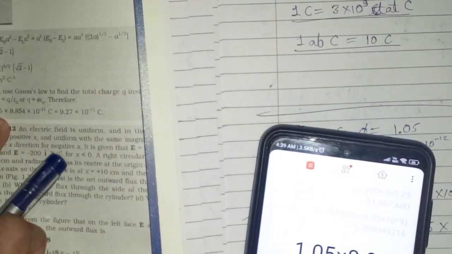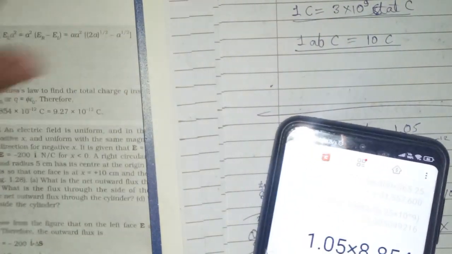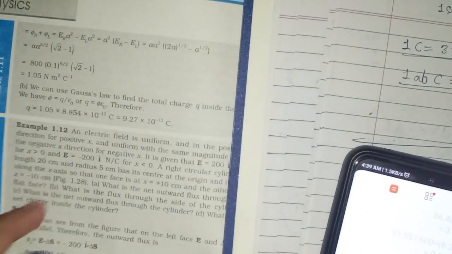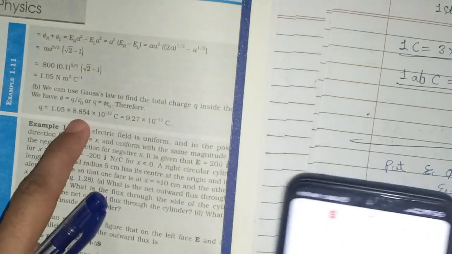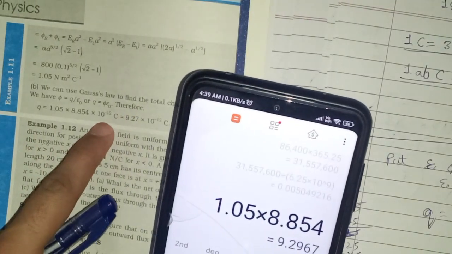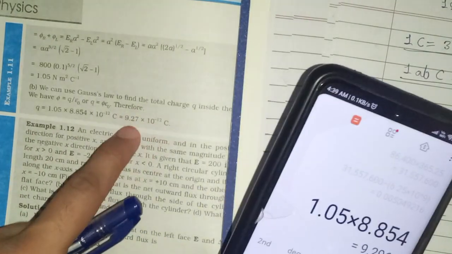So NCERT is wrong here, because it also multiplies 1.05 into 8.854 into 10 to the power minus 12.